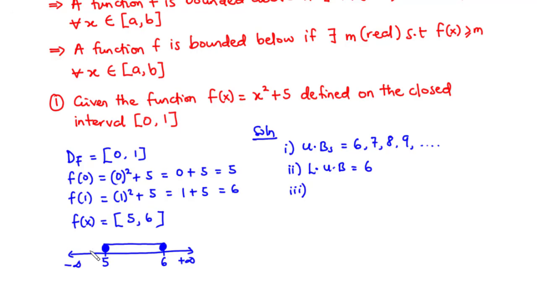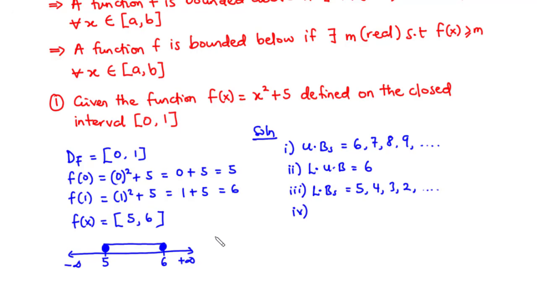Now the least or the lowest number in the interval is 5. Therefore numbers less than or equal to 5 are 5, 4, 3, 2, and so on and so forth. Therefore the lower bounds are 5, 4, 3, 2, and so on and so forth.